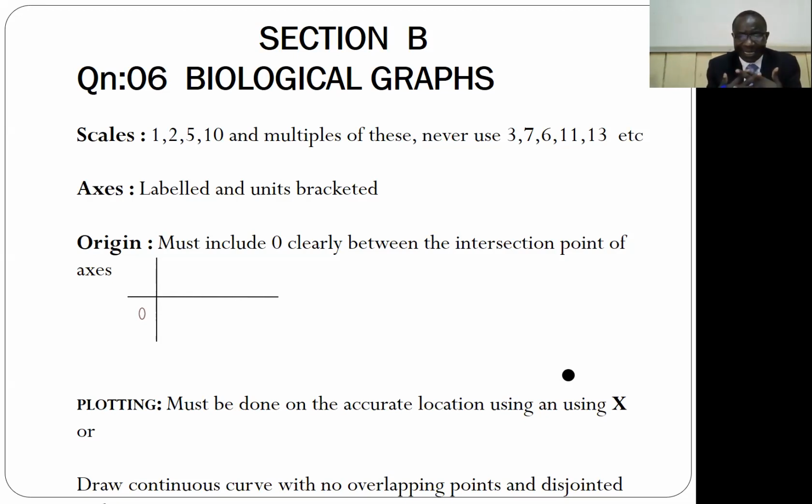What do we look at when we are drawing biological graphs?